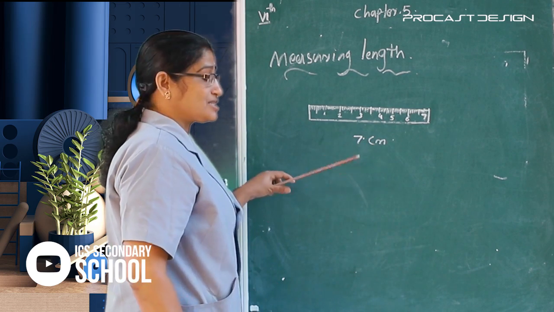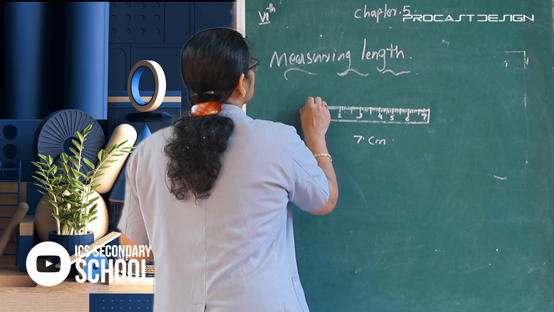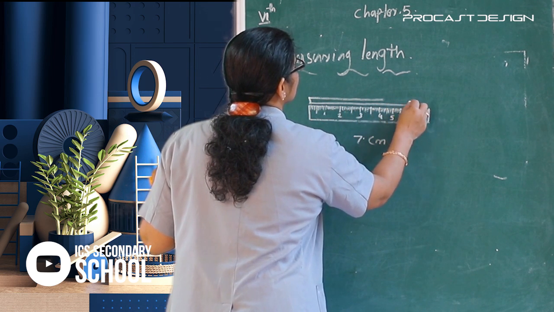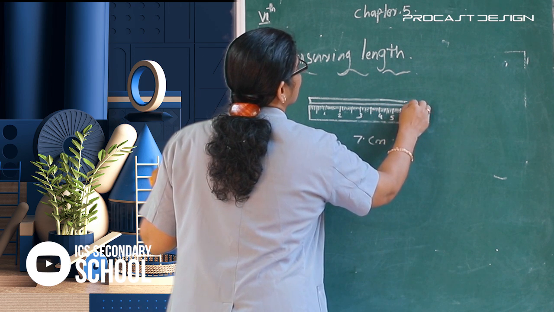Okay. Measuring length: first of all, to draw a pencil, the length of the pencil is 6 centimeter.